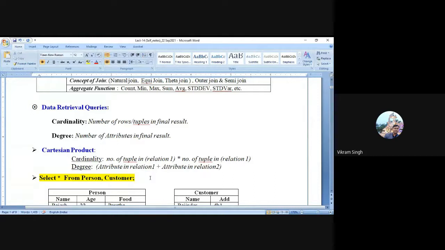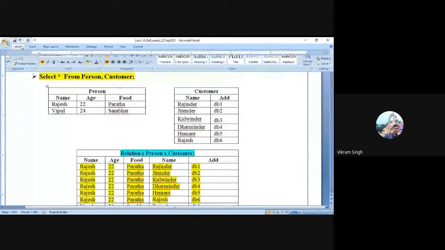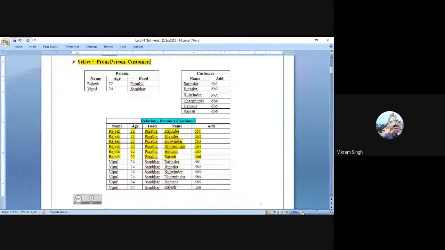Cartesian product is simply the multiplication, or the combination, of each and every tuple of the first relation with the tuples of the second relation, right? Suppose we have these two tables given, the person database table and customer.